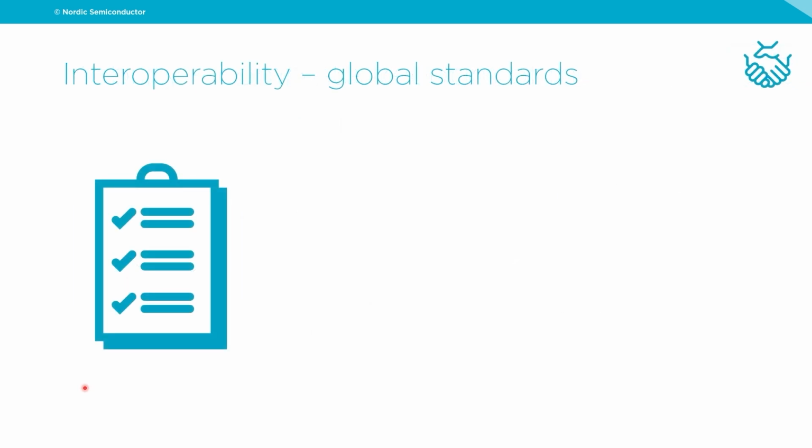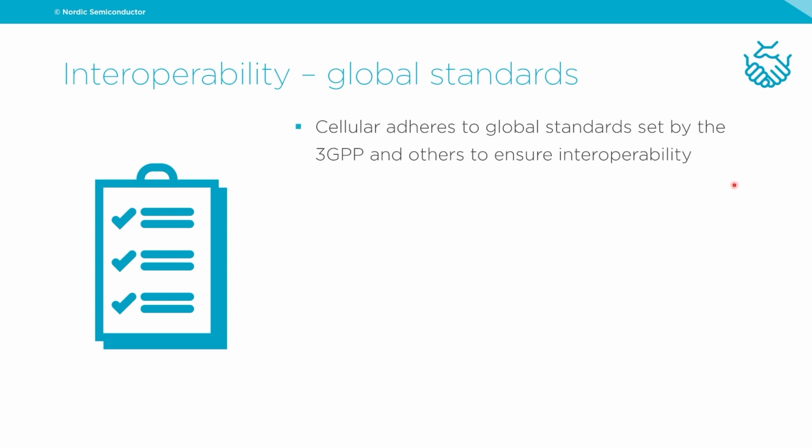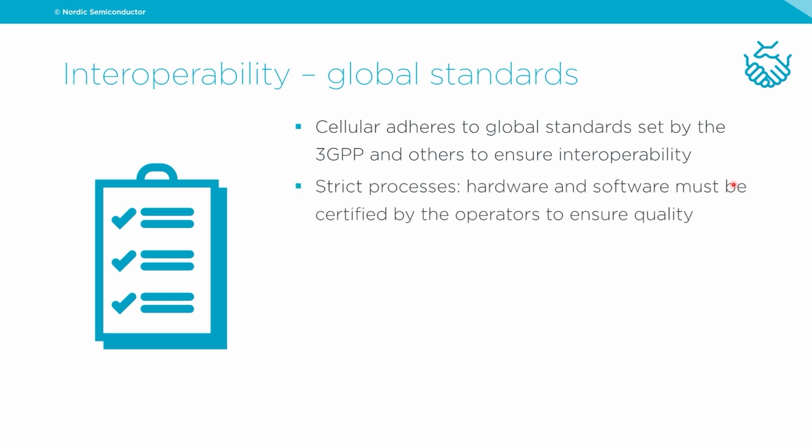Then when it comes to interoperability, the key thing is that Cellular IoT adheres to global standards. These are set by the 3GPP and other organizations. The goal is really to ensure interoperability, that devices will move around across networks and across carriers, and they will just work. Behind this, of course, you will have very strict certification processes.